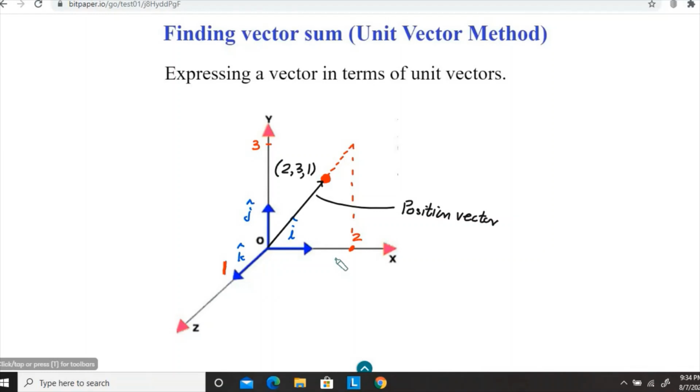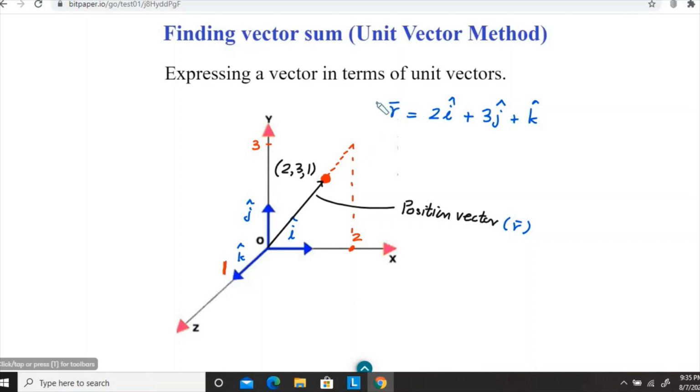For example, if we call the position vector r vector, it can be expressed as 2 times i hat, plus 3 units along the y direction, so 3 times j hat, and finally 1 unit along the positive z direction, so that's simply k hat, where i hat, j hat, k hat represent the unit vectors along the positive x, positive y, and positive z directions respectively.